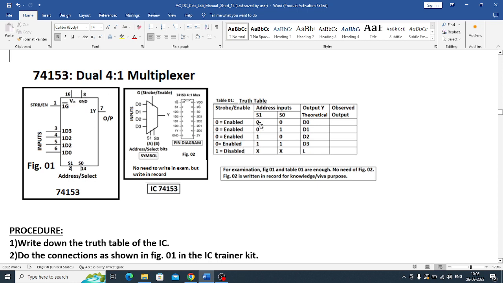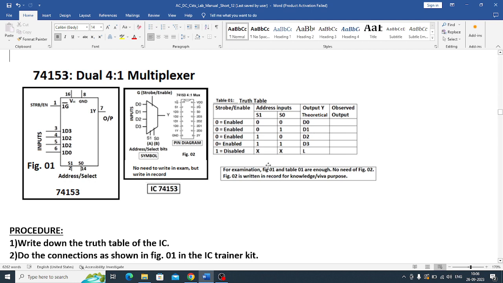When strobe is disabled, whatever the address inputs, output will be low. When strobe is enabled with 0, according to the value of S1 and S0, the selected input will become the output.